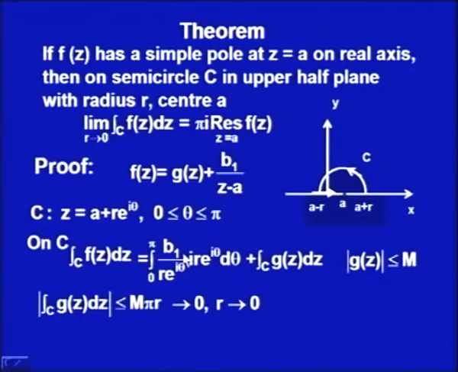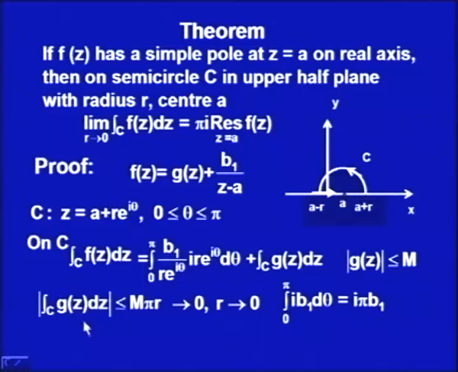Now, what is the first integral? In the first integral, r e^(iθ) is in the numerator as well as in the denominator. So the first integral is the integral from 0 to π of i r b1 dθ, and i, r, b1 are all constant with respect to θ. So the integral would be only π, giving us iπ b1. Now b1 is nothing but the residue of f(z) at z = a.